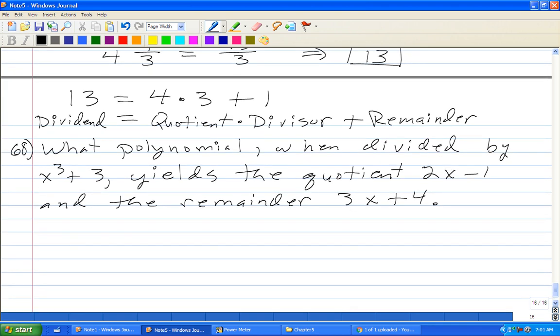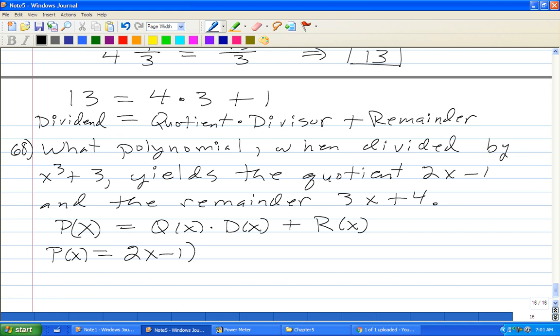And so I want to find the polynomial which, when divided by some divisor, yields a quotient with some remainder. And so I have the quotient is 2x minus 1. The divisor is x squared plus 3. And the remainder is 3x plus 4.